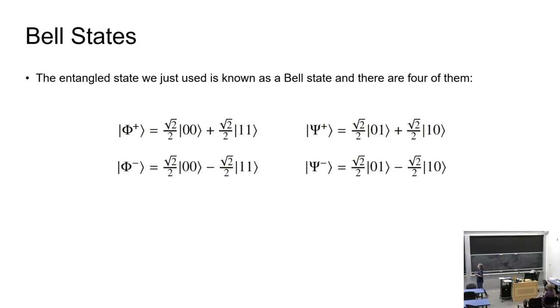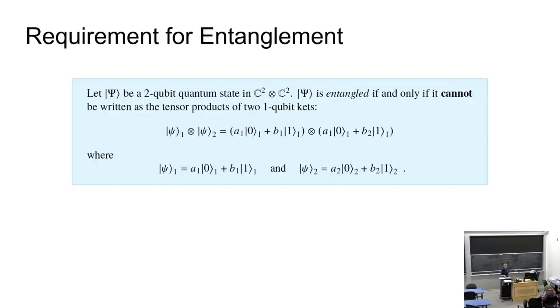There's square root of 2 over 2 times 01, plus square root of 2 over 2 times 10, etc. Together, these 4 states are an orthonormal basis for our C2 by C2 tensor space. They're named after John Stewart Bell, who was a physicist from Northern Ireland.